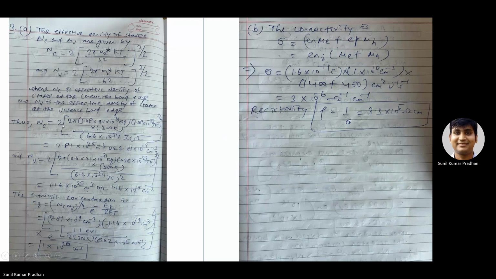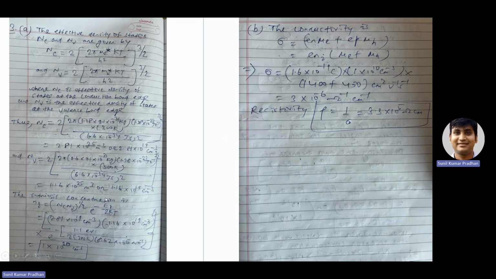If you put all the values, which are given, we find the density of states at the conduction band is 2.81 into 10 to the 25 per meter cube, and the density of states at the valence band is 1.16 into 10 to the 25 per meter cube, or 1.16 into 10 to the 19 per centimeter cube.